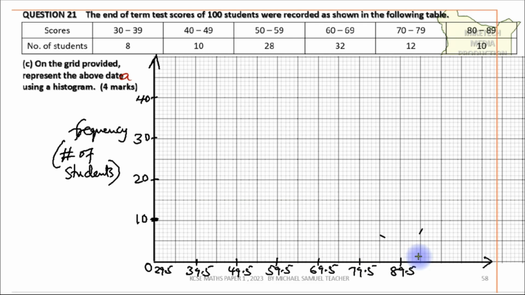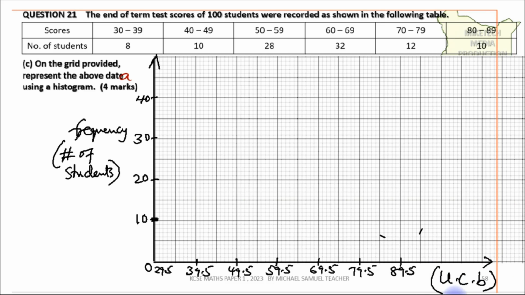So that is okay. Remember the reason why in the first part you have 29.5: you can see here we have 30, so the previous upper class boundary was 29.5, and that's why we have it here. So this is the upper class boundary. That's so important.